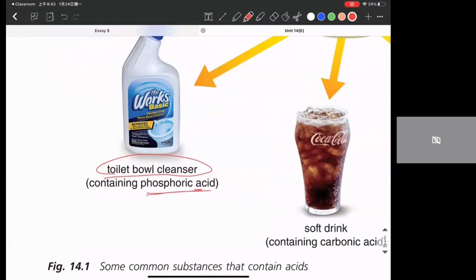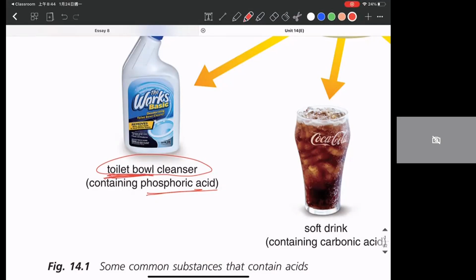So what is the use of phosphoric acid actually? Now check on the word toilet bowl.